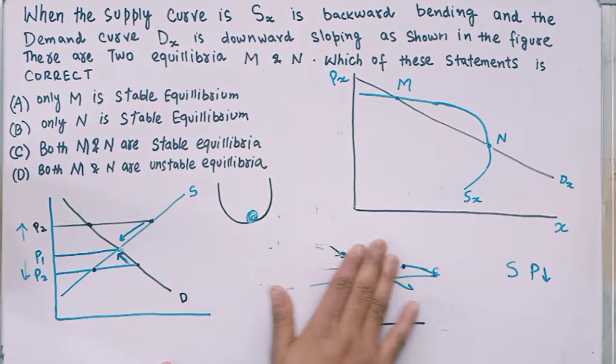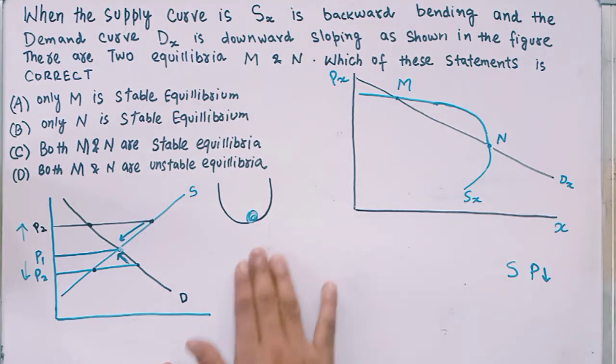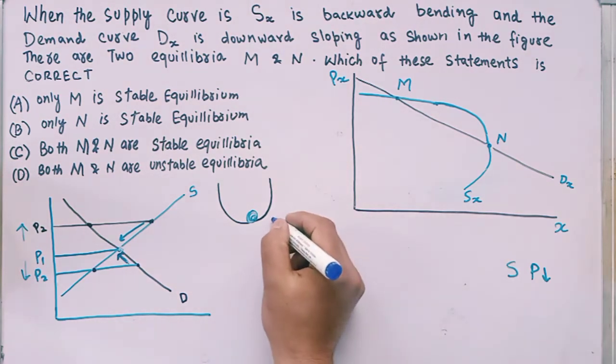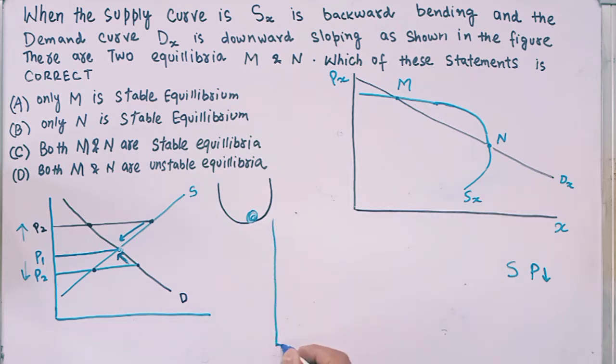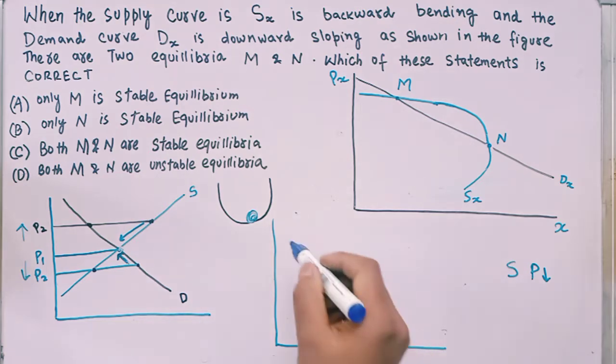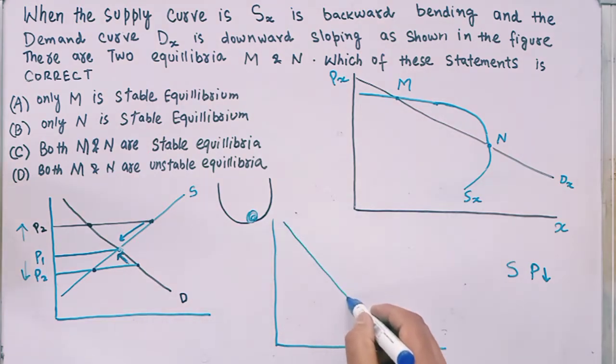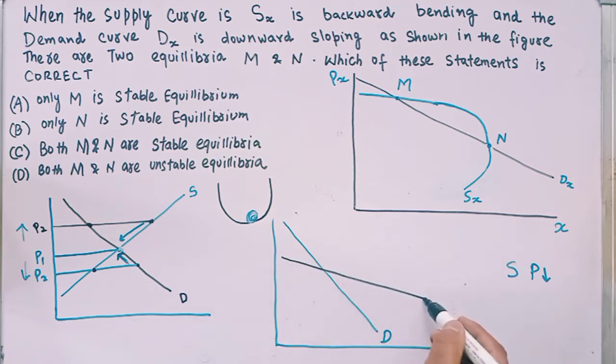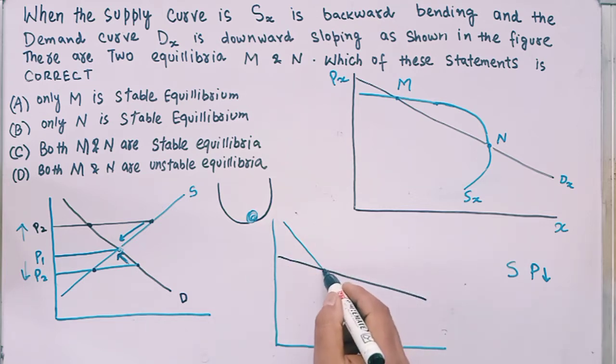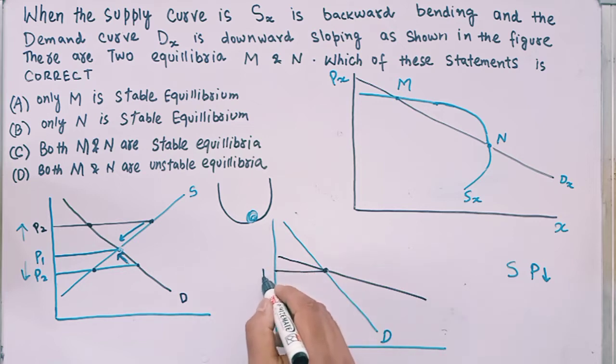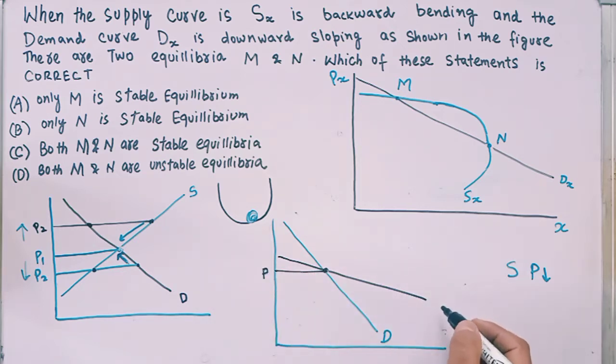So let us draw it much clearer here. I was not able to show it properly, so let us try another attempt. We have this demand curve, and let us say this is our supply curve. Originally we are at this point. Let us say this is P, this is our supply.